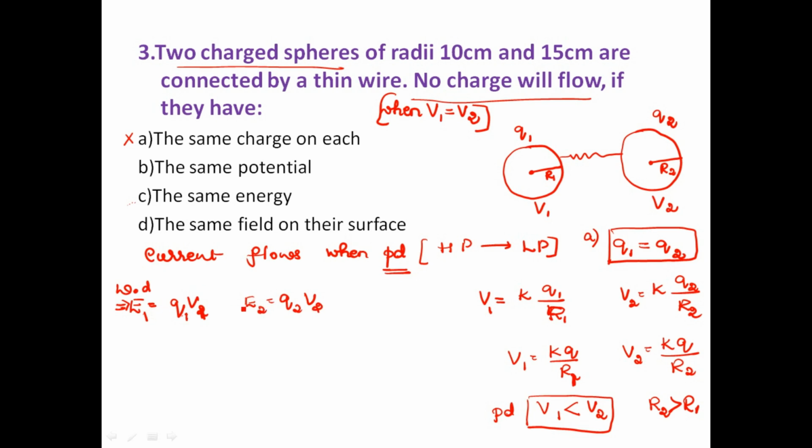Let me say that the electrostatic potential energy is the same for both spheres. This is for option C. If E1 is equal to E2, then Q1 V1 is equal to Q2 V2, which also makes us understand that V1 is not equal to V2.